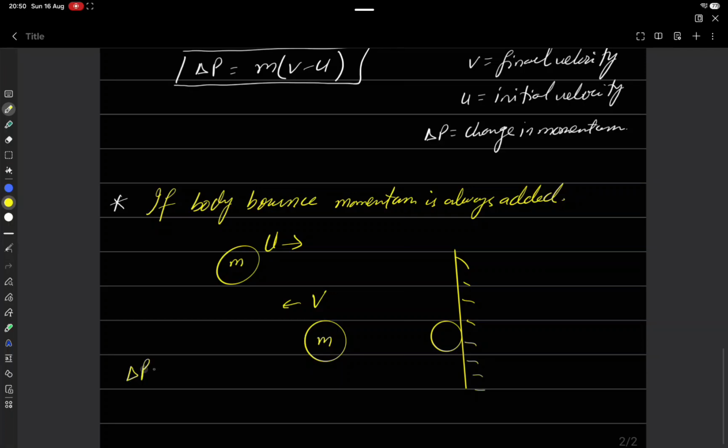So delta P is equal to minus mv minus mu. So minus final momentum plus initial momentum.